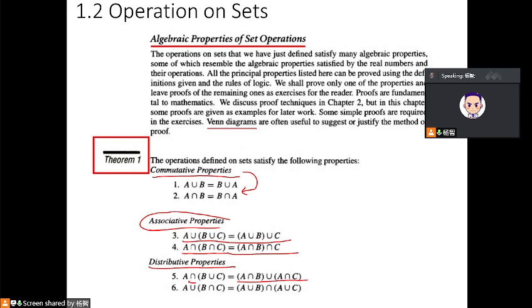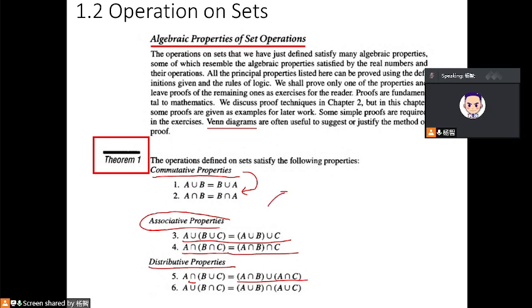Okay, these three algebraic properties are like in the math. You understand? It's like the math.